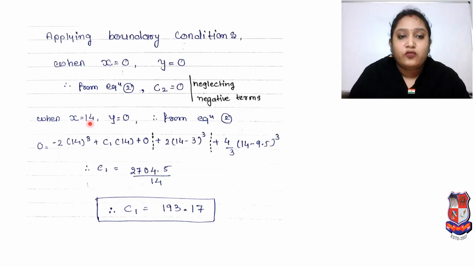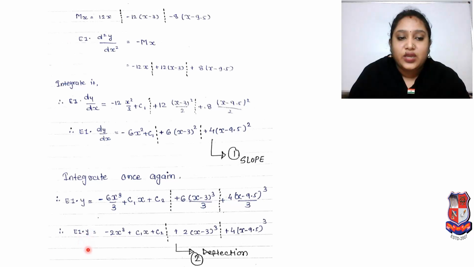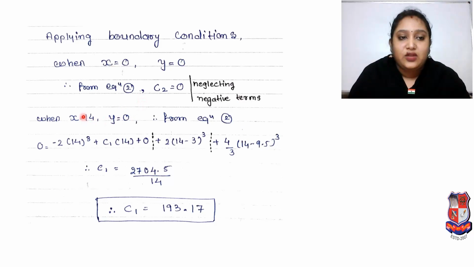When x is equal to 14 and y is equal to 0, from equation number 2, x is equal to 14, since we know our beam has a span length of 14 meters, and we have already considered it as x for our convenience. So when x is equal to 14 and y is equal to 0, from our previous equation number 2, here you see EIy, that term will be 0. Whenever you see x, at that place you have to put the value of x as 14.